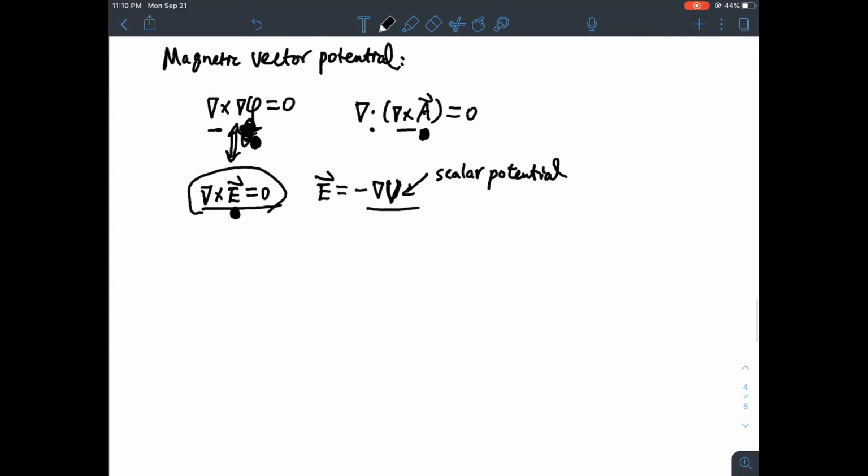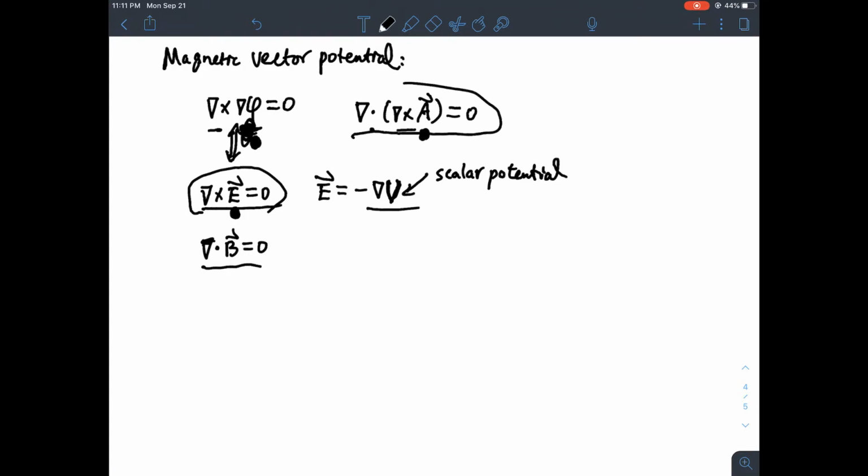Now for the magnetic field, we said that the magnetic field is divergenceless, because we don't see magnetic monopoles, so there are no magnetic charges like electric charge. So the divergence is equal to 0.